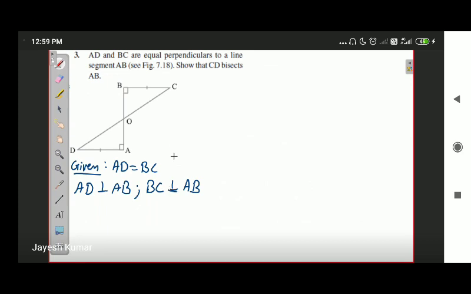Next we have to show that CD bisects line AB. Next we have to show that this line CD is bisecting AB. So that means this AO length and OB length should be equal to each other.